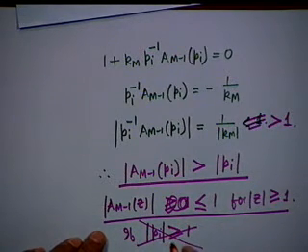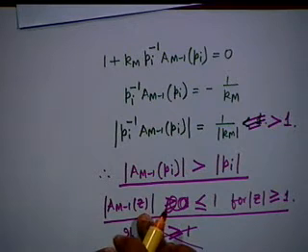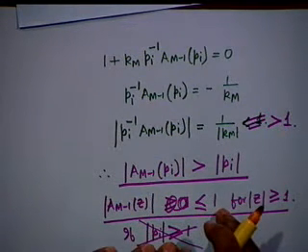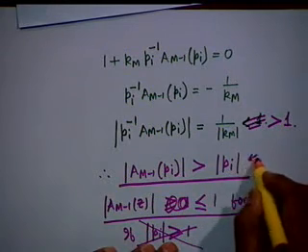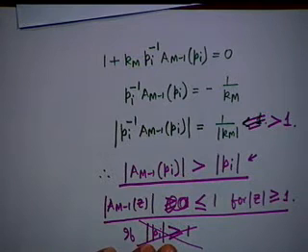Therefore, if magnitude p_i is greater than or equal to 1, then the magnitude of A_{M-1} should be less than or equal to 1. On the other hand, this relation shows that it should be greater than magnitude p_i. That means it should be greater than 1. So, these two are contradictory, and therefore, magnitude p_i must be less than 1.